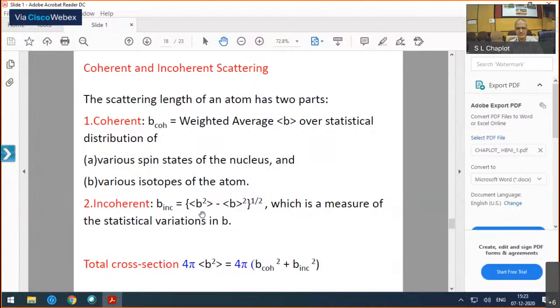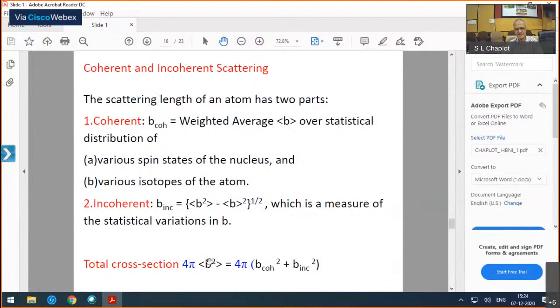And if I look at the variations in these values, then the measure of the statistical variation in the scattering length is called the incoherent scattering length.